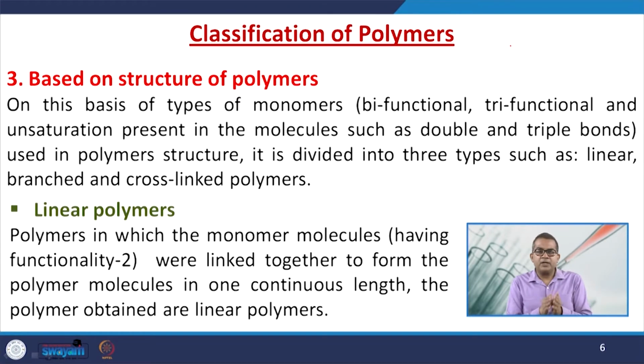On this basis, the different types of monomers may be bifunctional, trifunctional, with unsaturation present in the various kinds of molecules like double and triple bonds, used in the polymeric structure. So, usually based on this approach, they are divided into three different types: linear, branched and cross-linked.